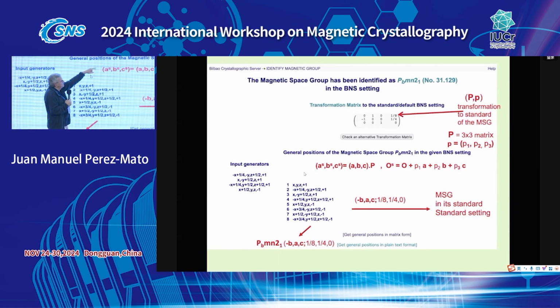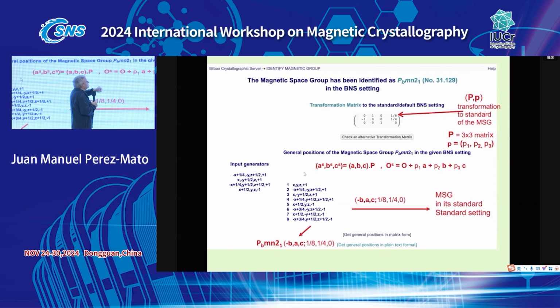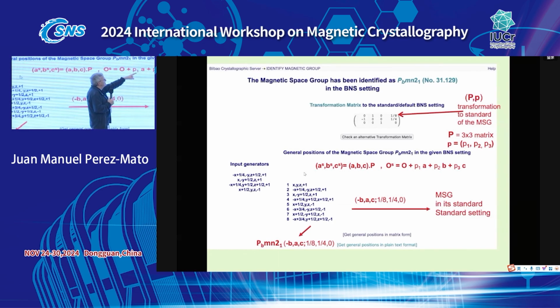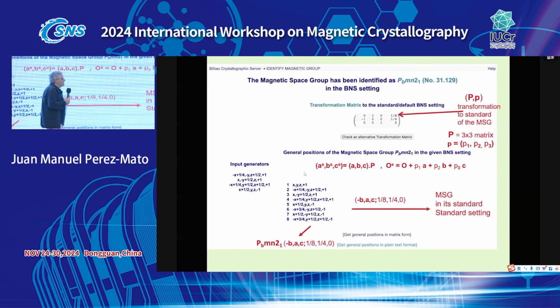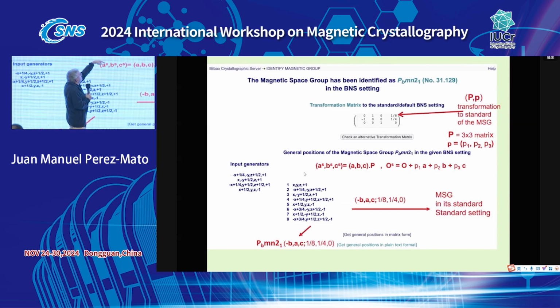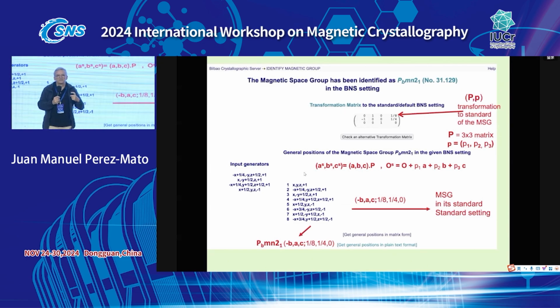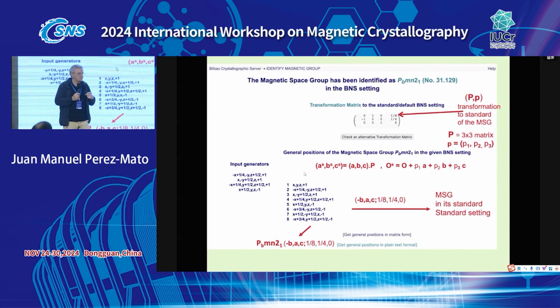The last column, small p, is the origin translation with respect to the ABC of the unit cell that you are using. And each column of this 3x3 matrix is indicating the new A, the new B, and the new C that you have to use in order to have your magnetic space group in a standard form.